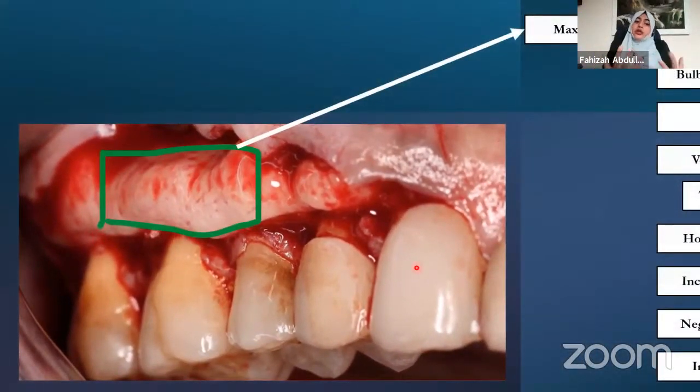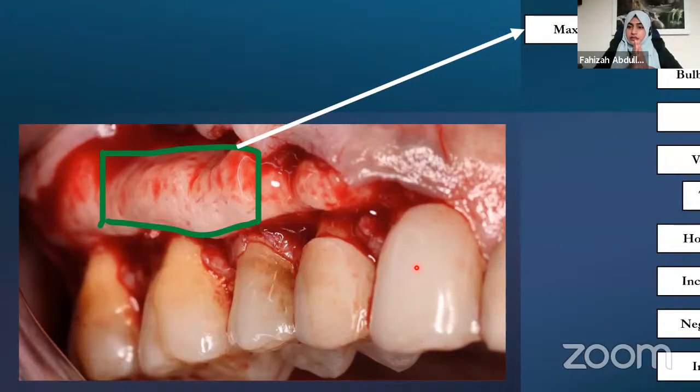Maxillary exostosis usually happens because of a developmental aberration, but it can also happen because of periodontal disease or occlusal forces. A continuous occlusal force can cause buttressing formation on the bone and thickening of the margins of the bone.